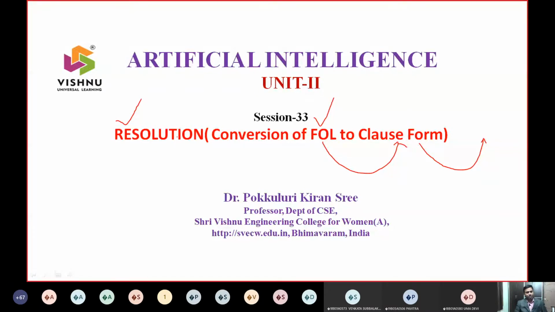Resolution has three steps. The first step we have seen in the last two classes, that is on Saturday and yesterday. How do you convert normal English statements into first order logic? And after converting the statements into first order logic, you need to convert them into clause form. Then you need to apply a procedure to validate whether the inference is right or wrong. This is what it is.